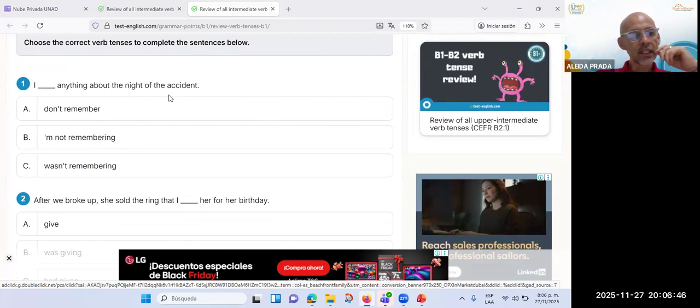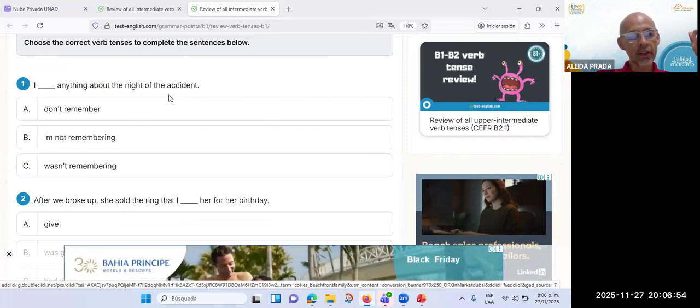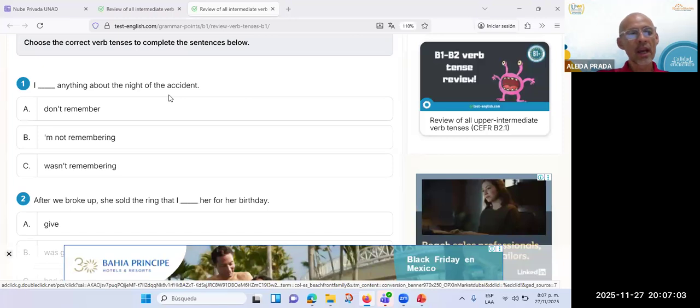For instance, if we see sentence number one, "I blank anything about the night of the accident," we have three options. A, don't remember, which is simple present. Option B, I'm not remembering, which is present progressive or present continuous.